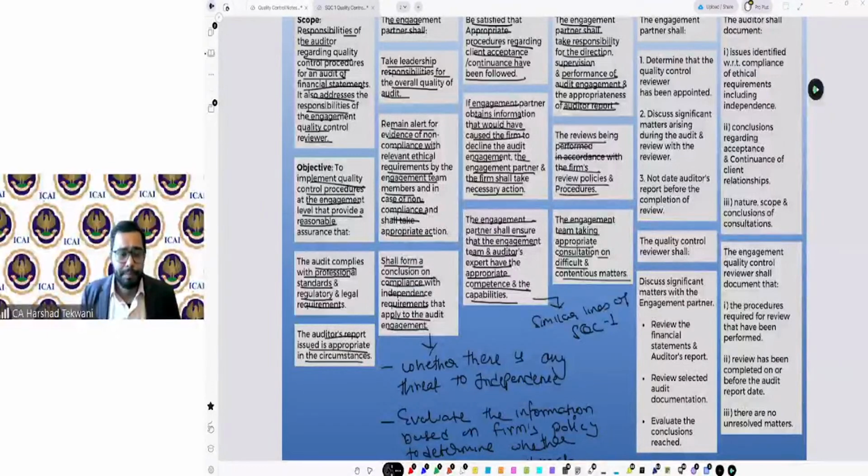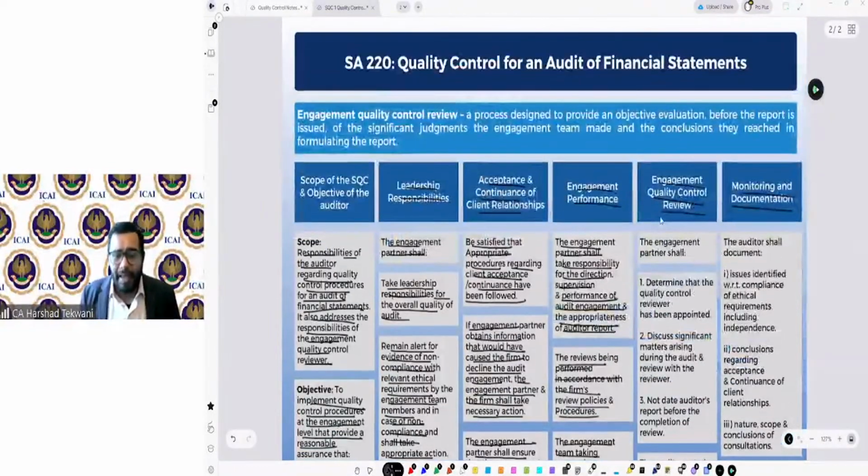Okay. Then the next area is quality control review, EQCR. Now, what is the requirement of SA 220 with respect to EQCR? SA 220 says that for the audit of financial statements of listed entities, and those other audit engagements, if any, for which the firm has determined the engagement quality control review is required.